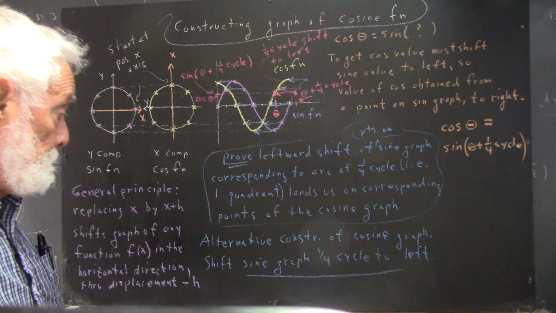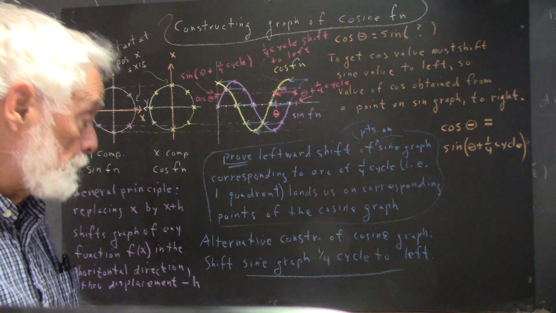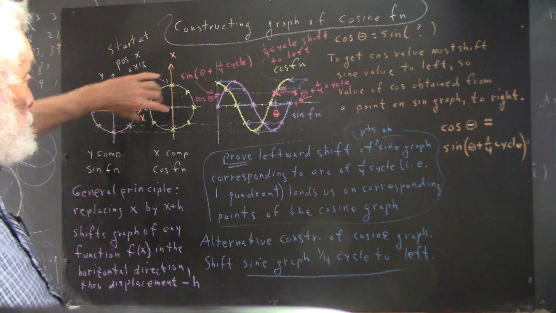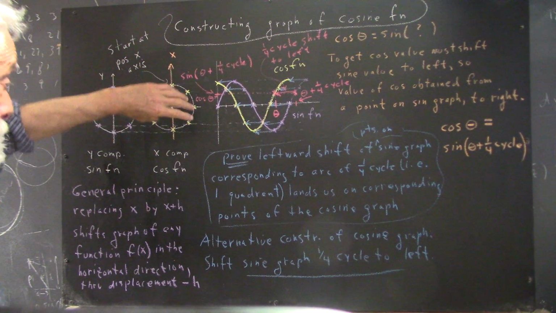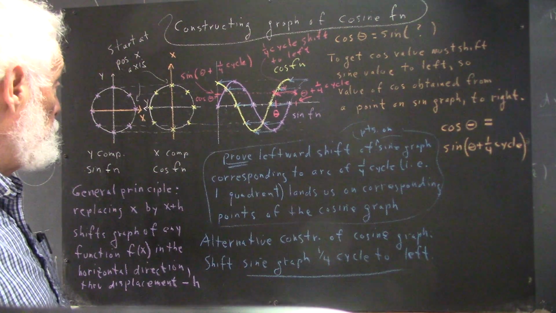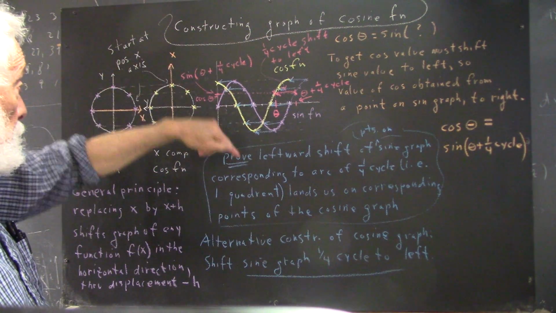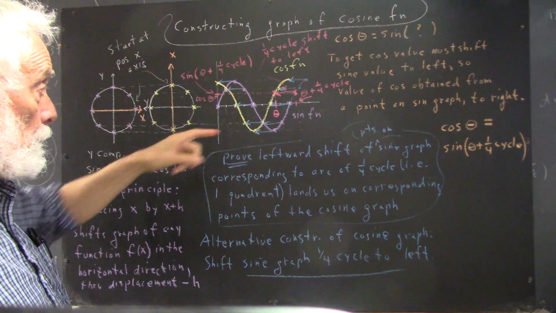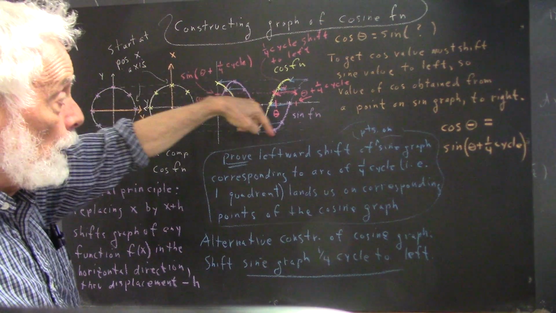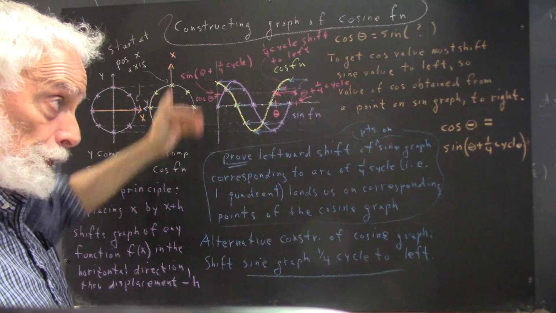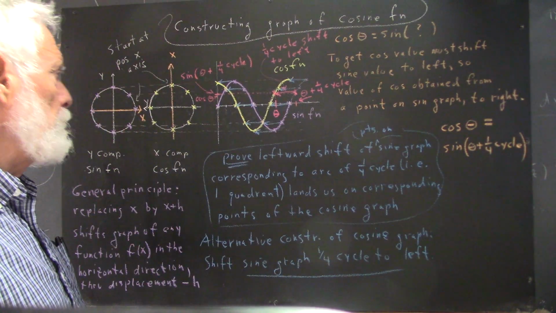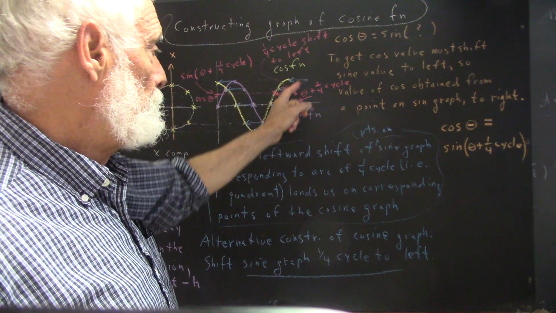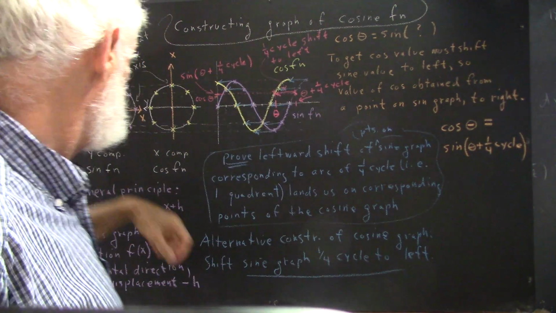Okay, now an alternative construction of the cosine graph then. We don't have to shift this reference circle 90 degrees and construct the graph of the cosine function. We construct the graph of the cosine function just from the graph of the sine function by this 1/4 cycle shift. Now, in order to do that, we do need to extend the graph of the sine function into another cycle.